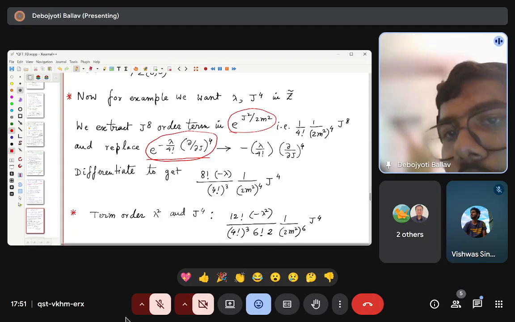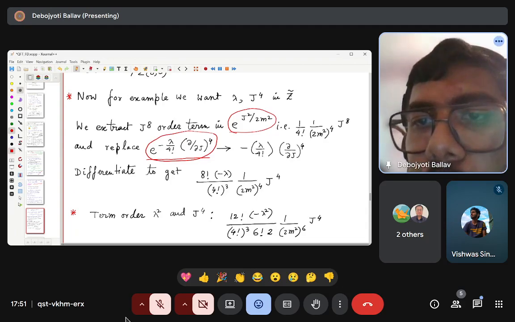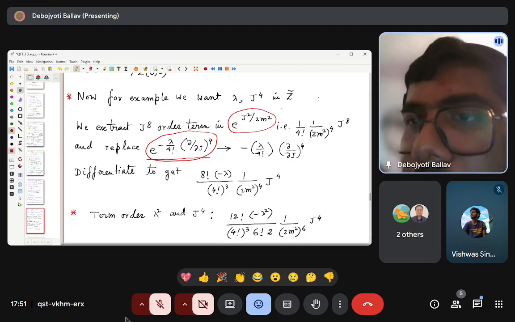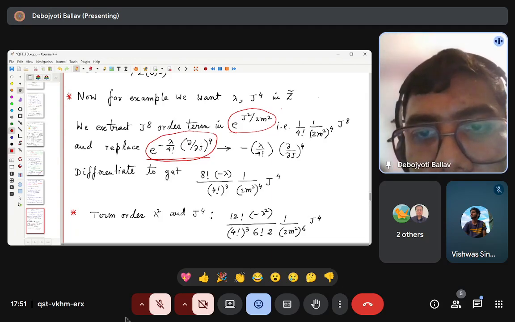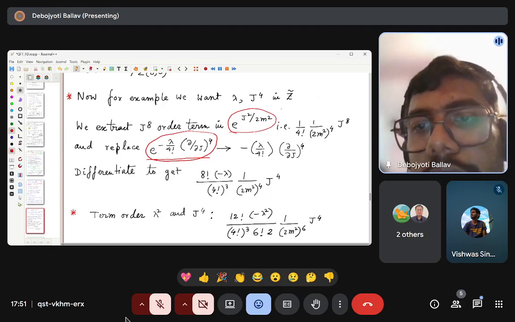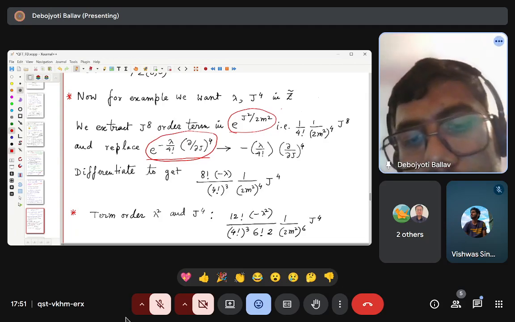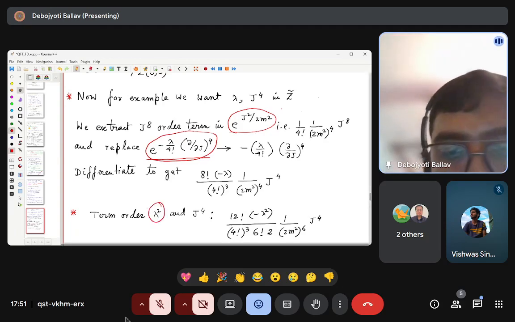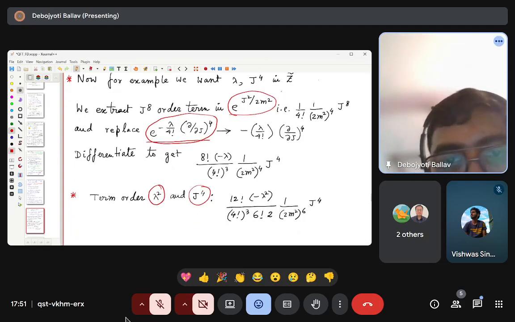Each and every exponential you can expand in a Taylor series, and you can have orders like j square, j to the 4, j to the 8, and so on. Here you have the orders del j to the 4, del j to the 8, then 12, and so on. So now you want to pick up a lambda square and j to the 4th term. So how to do it?